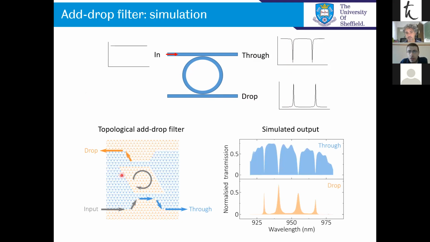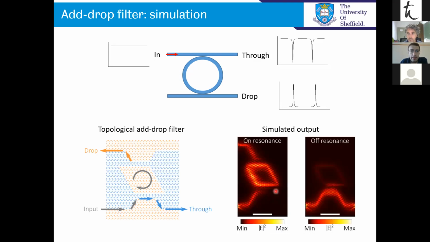In our case, the structure is shown schematically in the bottom left. So we have our diamond resonator. We bring two waveguides in close proximity, and the arrows indicate the direction in which light flows in this structure. And in simulation, we do indeed see that in the through direction we have these dips which correspond to the imprinting of the resonator spectrum on the throughput, and we see the complementary drop signal at the same frequencies, same wavelengths.